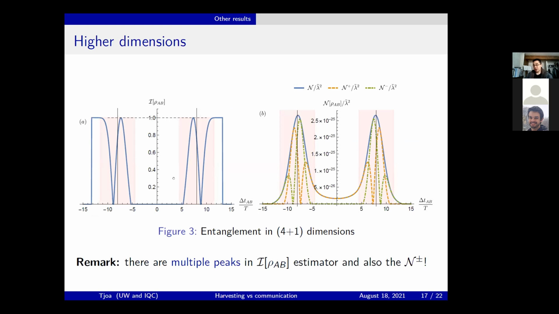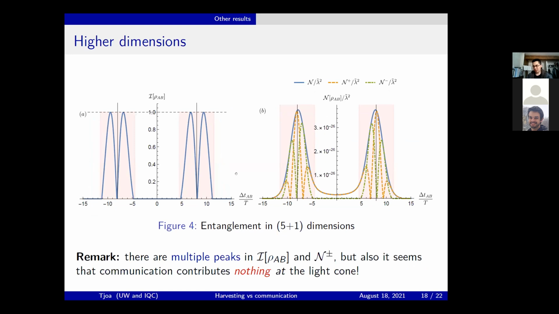But now you have an extra peak in the N plus and N minus, and that means there's an extra peak in the scry I, the estimator of the entanglement. But it is still true that as you go deep into the light cone, you essentially take almost everything in as communication. There is an extra peak here that is also dominated by communication. We'll see what happens to this later.